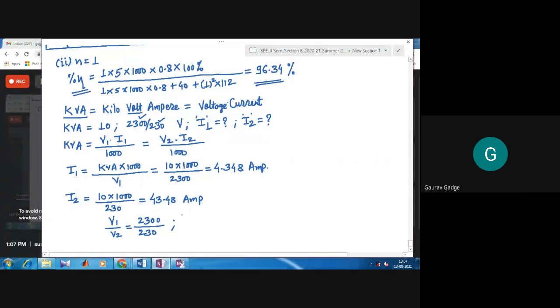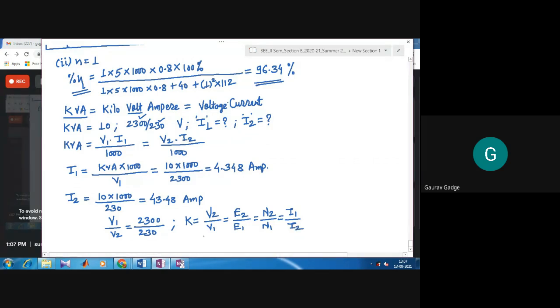Transformation ratio. Okay, I just tell you. K is equal to, if you remember, V2 upon V1 is equal to E2 upon E1 is equal to N2 upon N1 is equal to I1 upon I2. This is your transformation ratio.